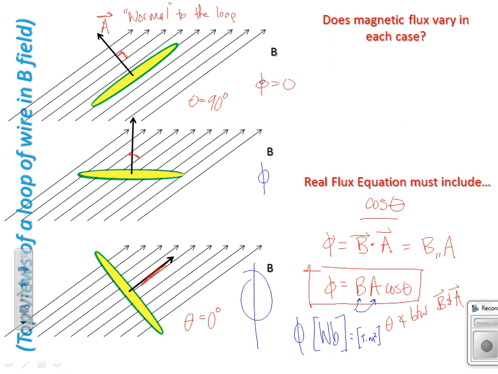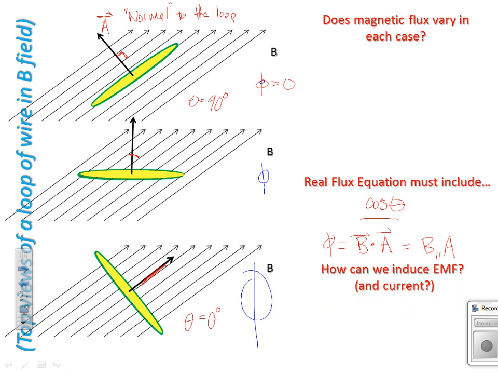Okay? So here's the deal. Right now, lots of flux. But if we want to get EMF, and therefore current, let me move this stuff, folks. I'll rewrite up here. So flux is B A cos theta. Right?